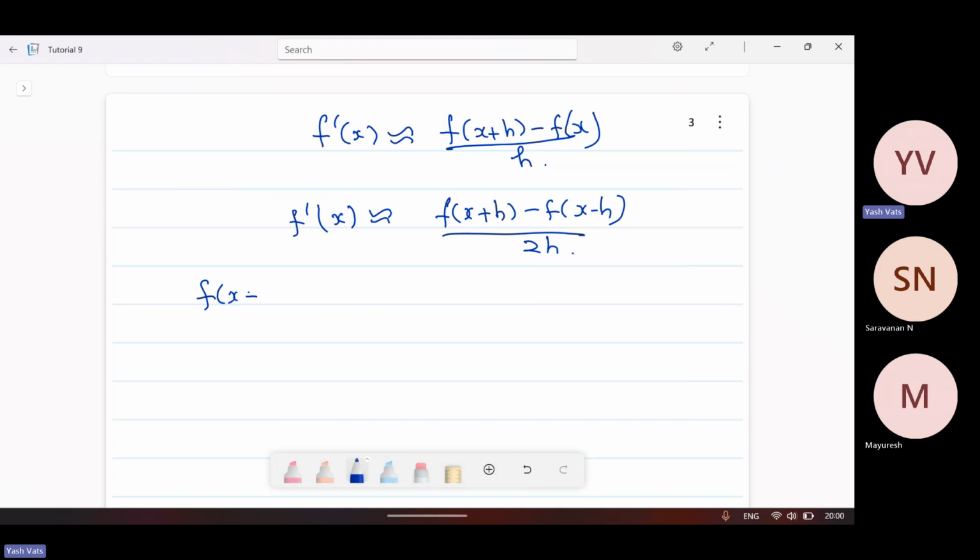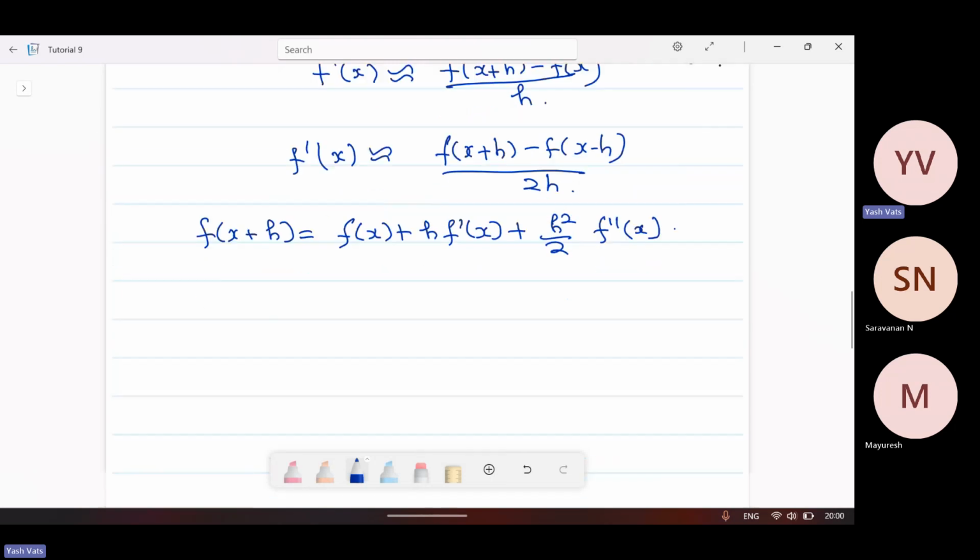Like the earlier one, we try to do the Taylor series expansion: f(x + h) is f(x) plus h f prime x plus h square by 2 f double prime x. I don't want to go further, or we can go further if needed. And f(x minus h) is f(x) minus h f prime x and so on.